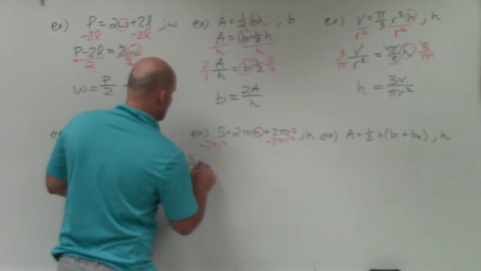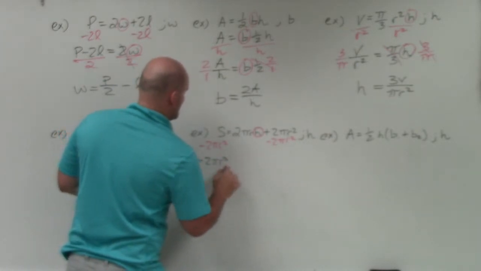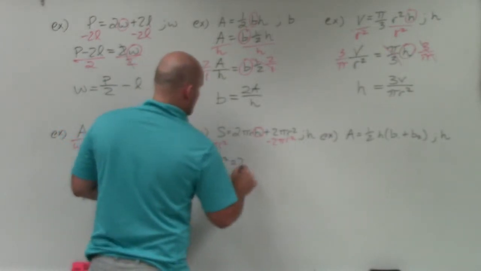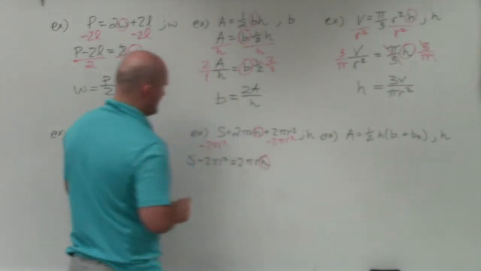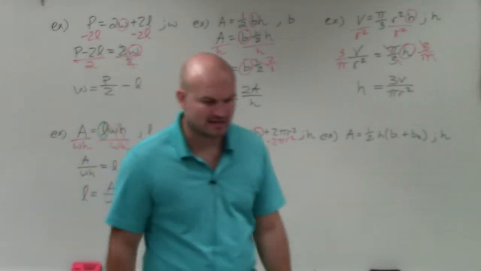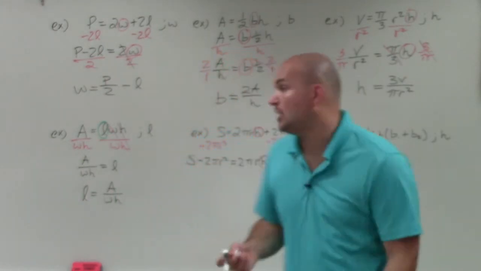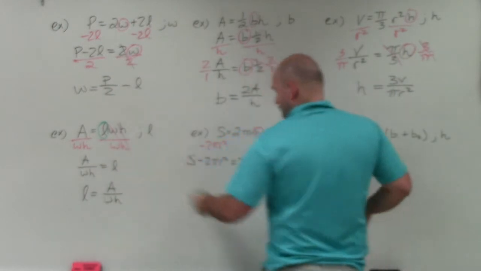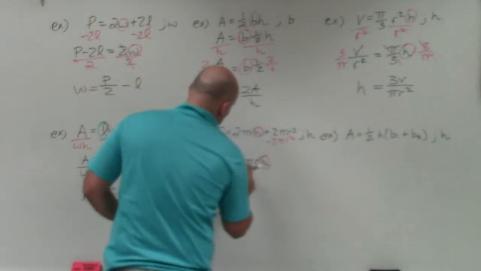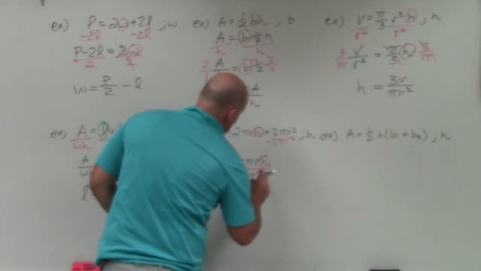So I get s minus 2 pi r squared equals 2 pi r h. And again, my h is circled. You can't combine them, so you just leave them as subtracted. Now, we need to undo multiplying. Everything's being multiplied here, so I can do it at the same time like I did over here. To undo multiplying by 2 pi r, I'm going to divide by 2 pi r.